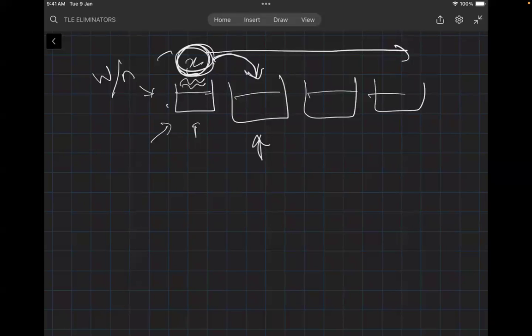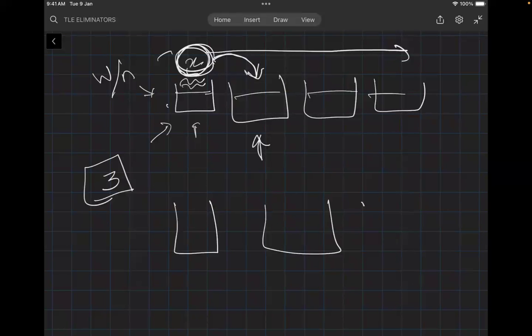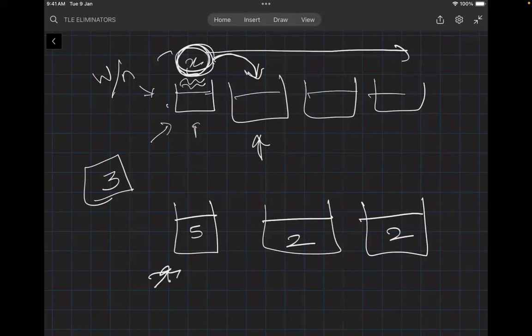Does it make sense? For example, let's say each container had to have water 3. And let's say the water levels are 5, here it is 2, and here it is 2. You can't put water here.